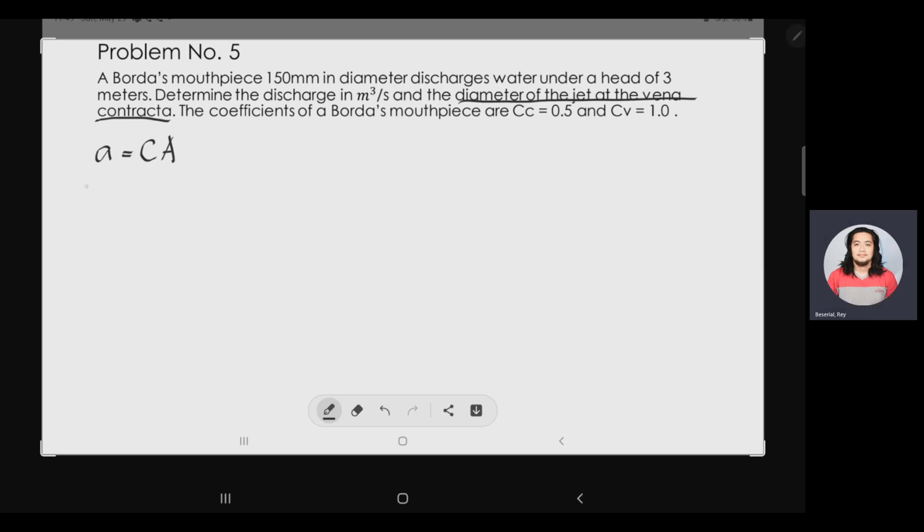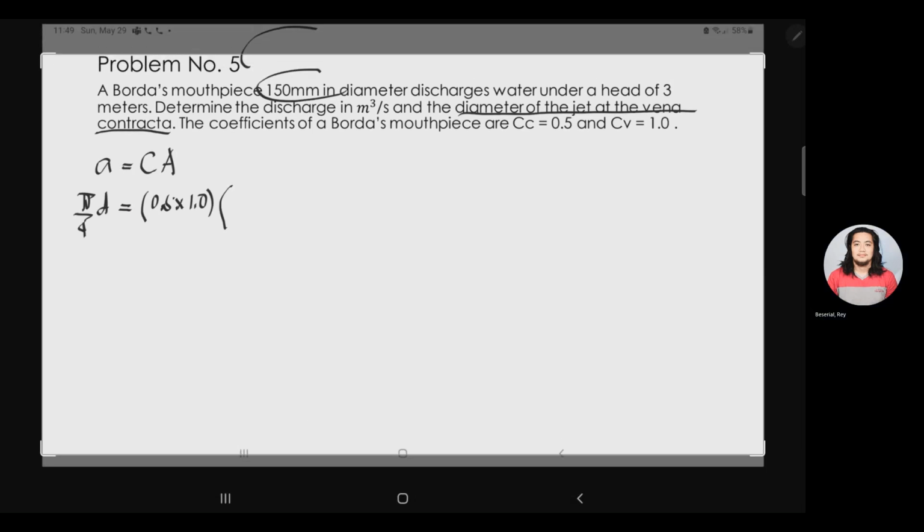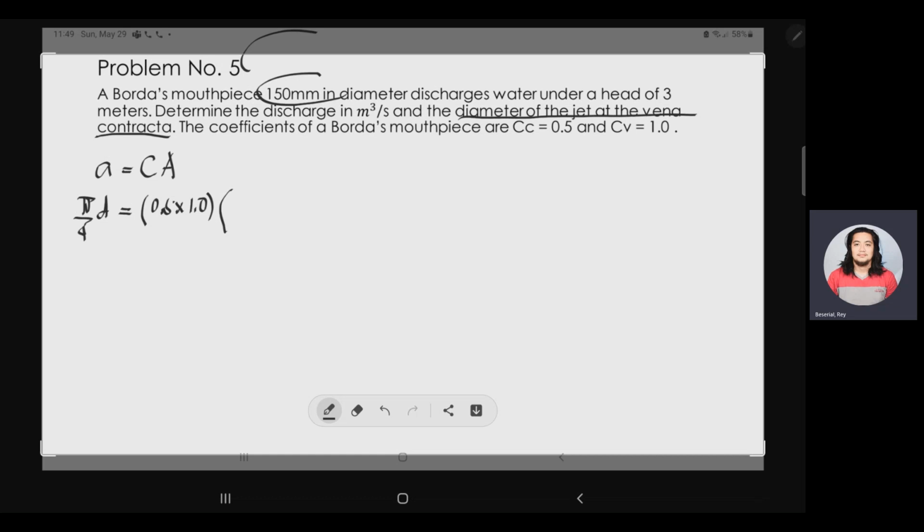So, i-expand lang natin: pi over 4 diameter dun sa ating vena contracta is equals dun sa ating coefficient of discharge, which is from the Cc times Cv na 0.5 times 1.0 times area dun sa ating mouthpiece. So, meron tayong diameter na 15 mm. So, pi over 4, yung D natin is 0.15 squared.